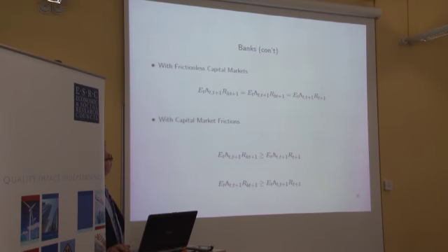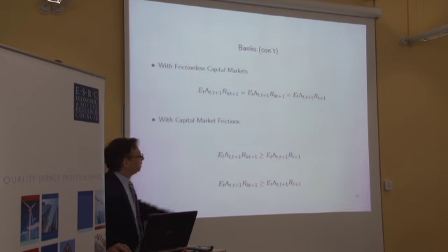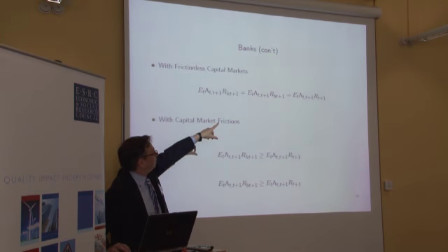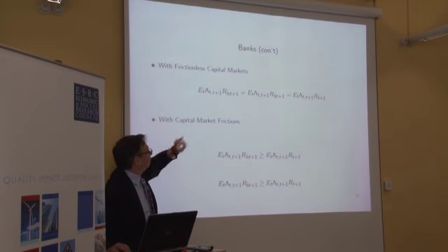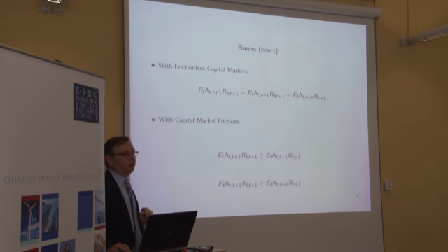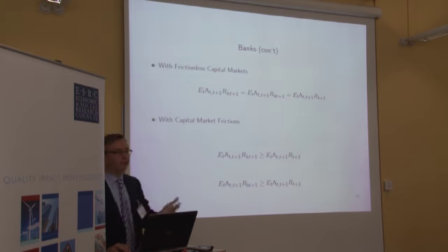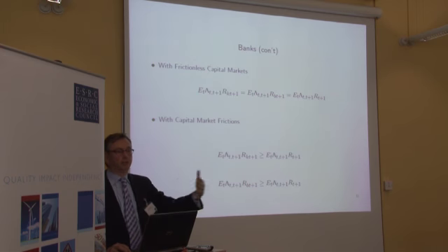Now, if you didn't have any financial market frictions, you'd have complete arbitrage. R is the riskless deposit rate, RB is the return on long-term bonds, RK is the return on capital, and lambda is the household's discount rate. So without financial market frictions, there's perfect arbitrage amongst the different rates.